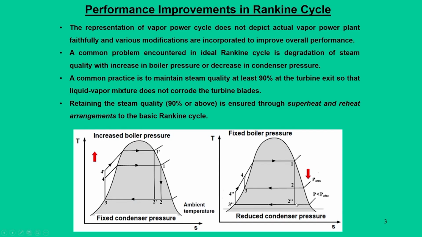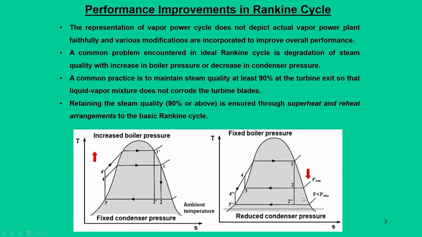In general, turbine blades are designed to operate with steam in the vapor state, but if the quality of the steam is not adequate, then it erodes the turbine blades. For that reason, the turbine blade degrades.